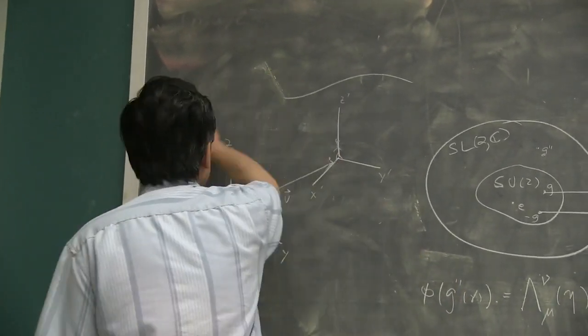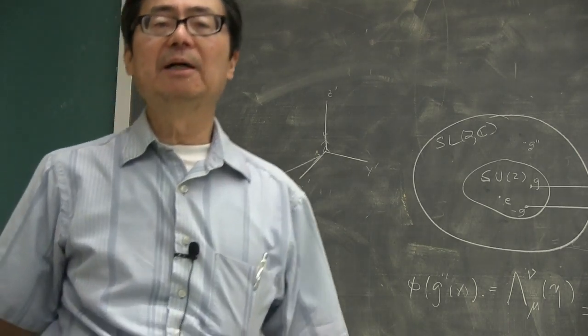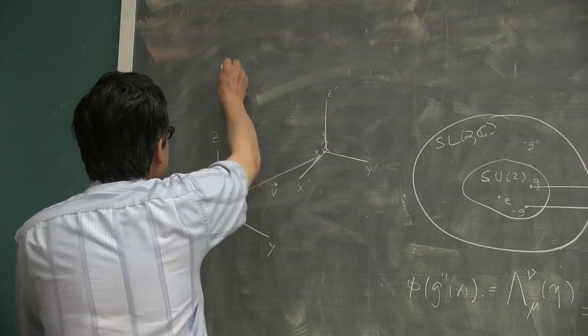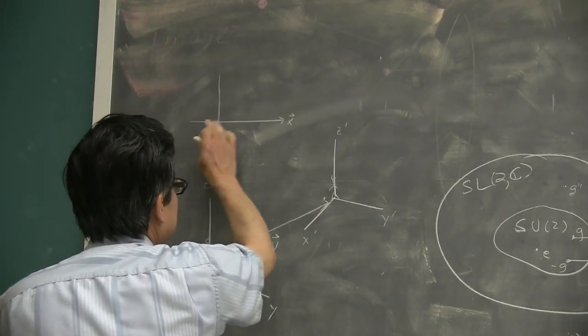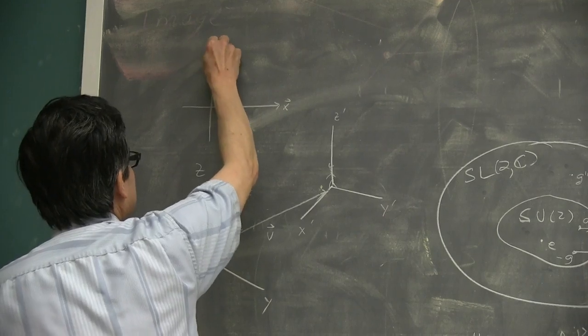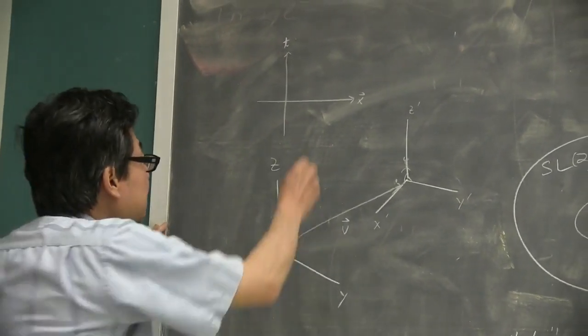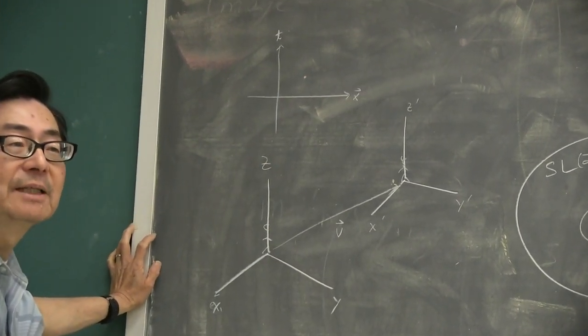Now, what is a physical event? A physical event is just some point in Minkowski space, all right? And Minkowski space, you see in textbooks, is represented like that. This represents the three spatial axes. This represents the time axis. An event is just a point here, where you are and what time you're at, okay?